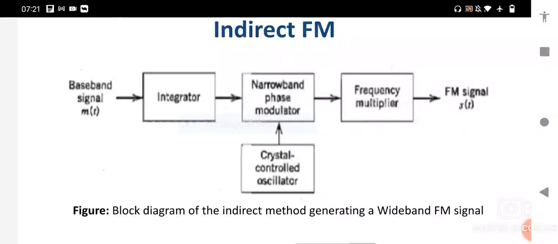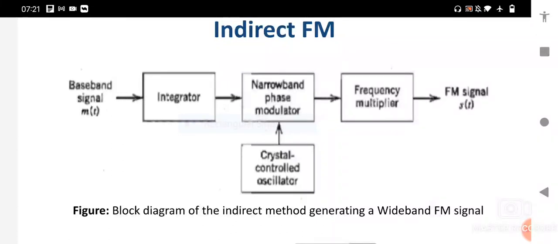Once again, here S1 of t represents the output of the narrowband phase modulator. We already know the standard form of the phase modulator output: S1 of t is equal to A1 cos of 2 pi f1 t plus 2 pi kf integral 0 to t m of t dt.